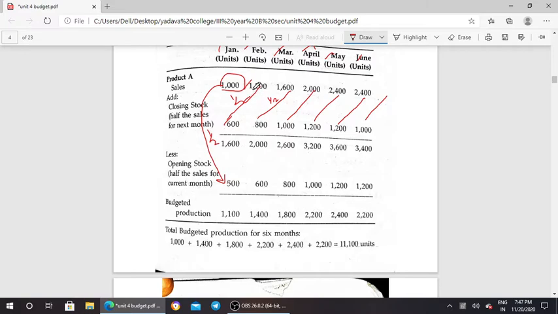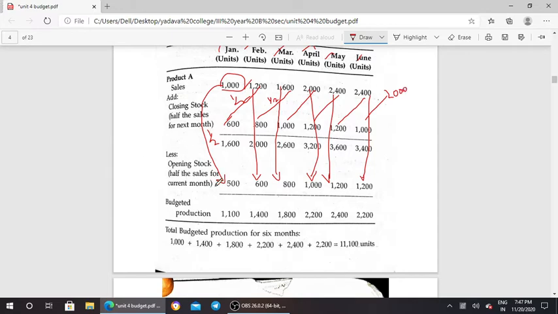So 1,200 will be taken as 600, 1,600 will be taken as 800, 2,000 as 1,000, 2,400 is 1,200, then 2,400 is 1,200. So this is what we have to take as the opening stock.